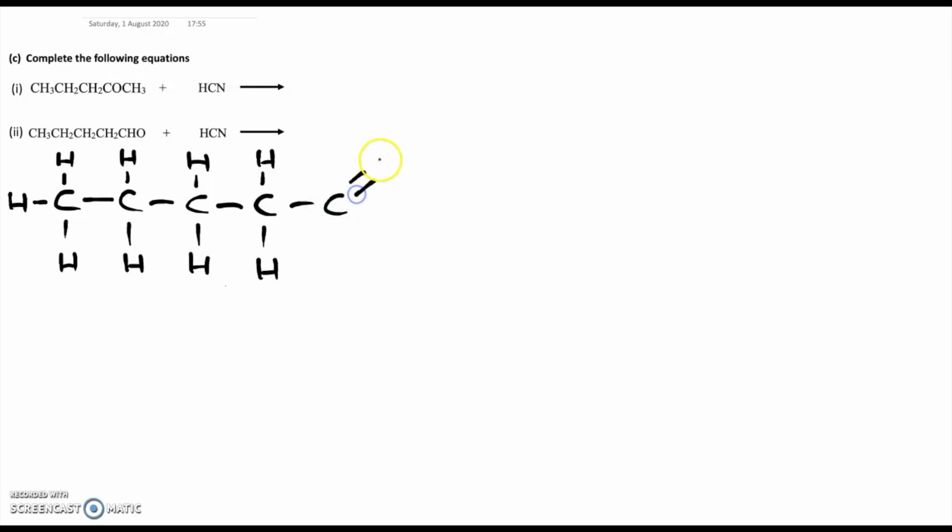Now, when pentanal reacts with hydrogen cyanide, the double bond of the C double bond O is going to break, and the hydrogen cyanide is going to add across this double bond.